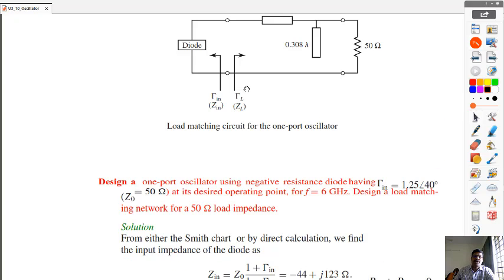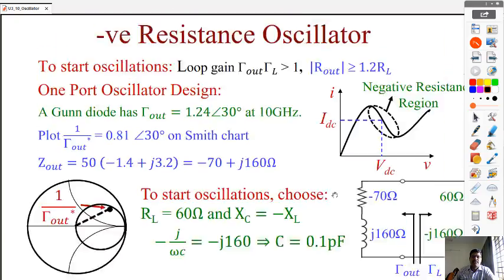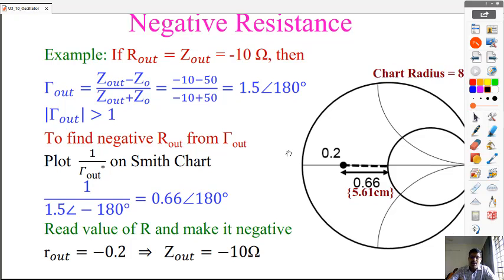So in the last class we discussed the theory of the one port negative resistance oscillator. The theory states that to make a negative resistance device such as a Gunn diode or tunnel diode or any similar negative resistance diode oscillate, we have to satisfy two conditions.